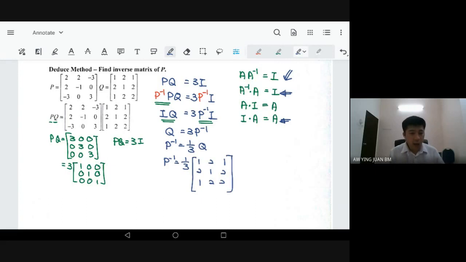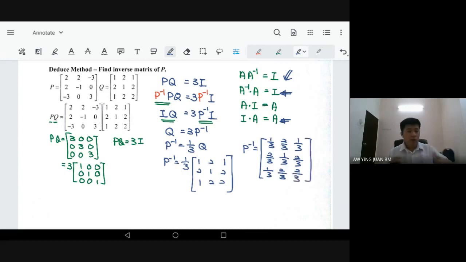Simplify or expand this: P inverse is equal to 1 over 3, 2 over 3, 1 over 3, 2 over 3, 1 over 3, 2 over 3, 1 over 3, 2 over 3, 2 over 3.